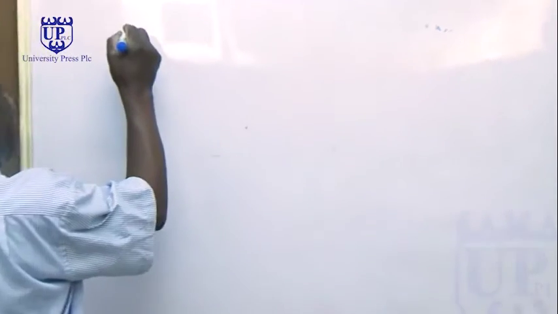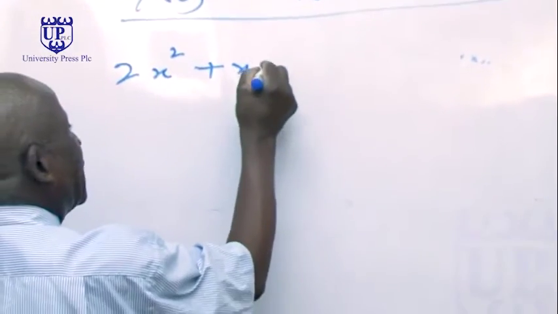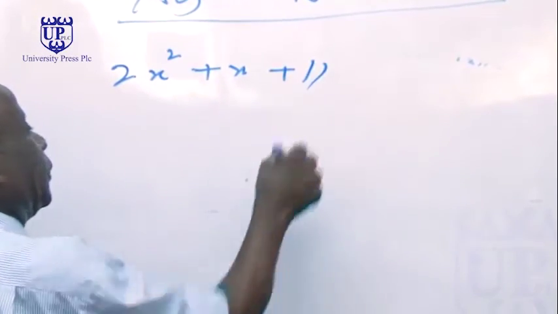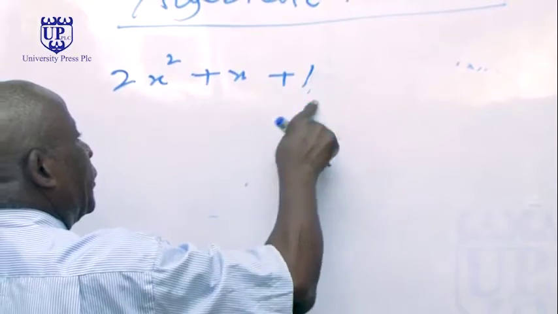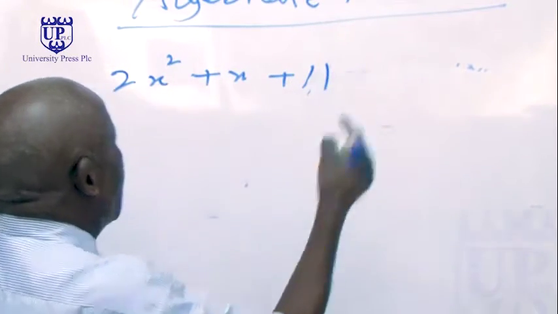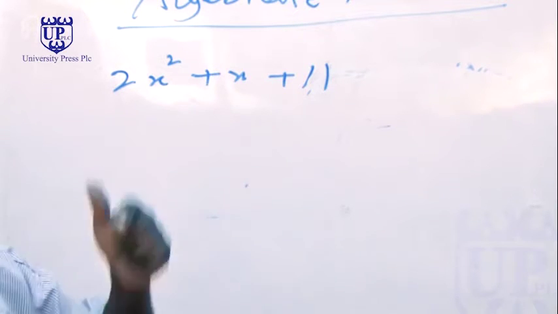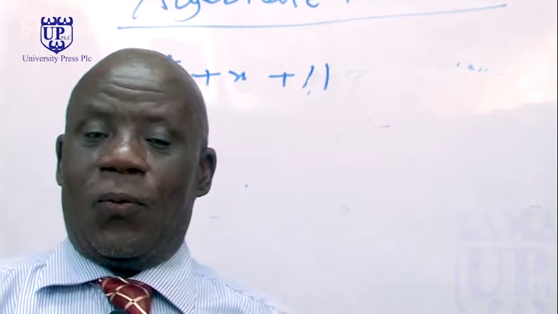I'll give you an example. Look at this: 2x squared plus x plus 11. If you have to factorize this, you may find it difficult to get the rational factors. Why?